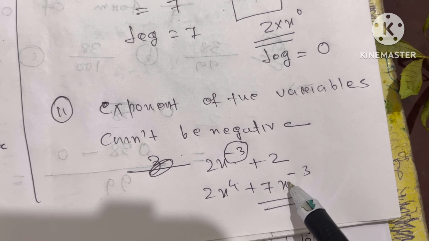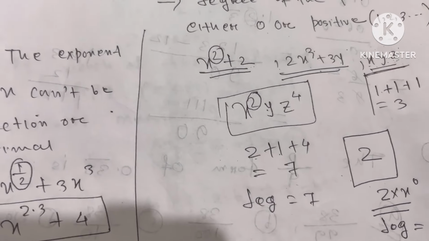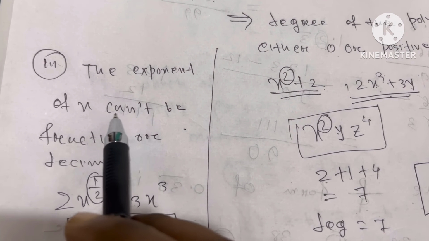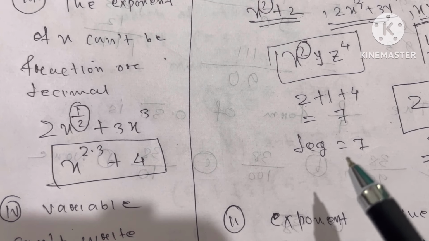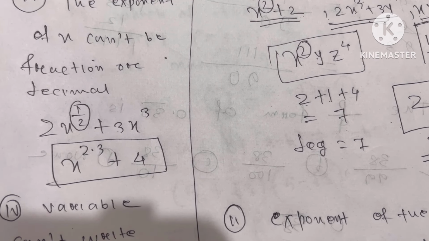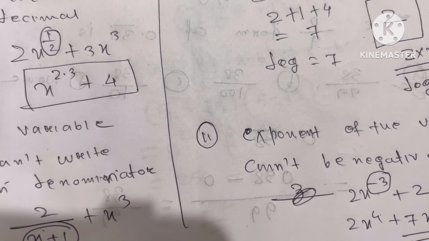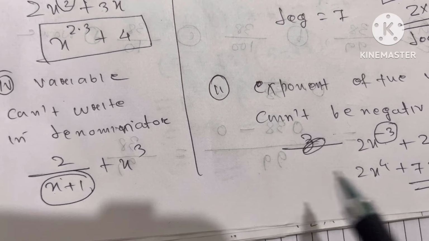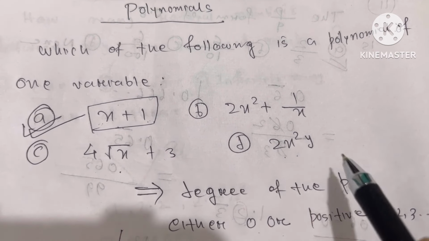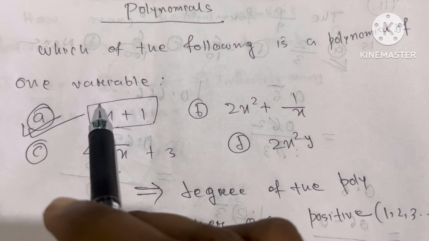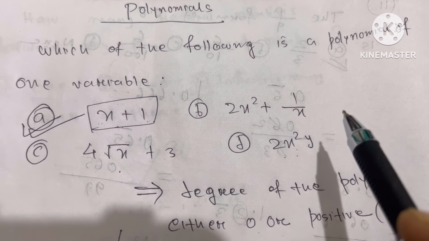The third is that the exponent of x cannot be a fraction or decimal, so x power 1 by 2 is not a polynomial. A variable cannot be written in the denominator, so 2 by x plus 1 is not a polynomial. So x plus 1 is a polynomial of one variable. Okay.